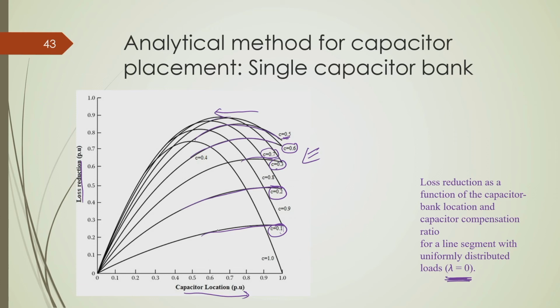That means a higher value of C means you should place this capacitor much before the end of the feeder. For example, at C equal to 0.7, you can see this characteristic. This means that if you put the capacitor at a location which is 60% or 65% away from the substation, we will get the peak loss reduction.